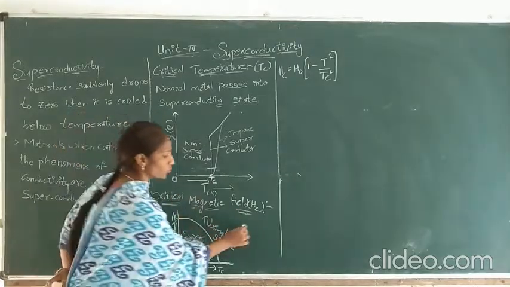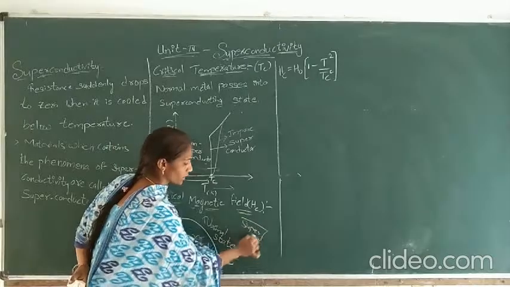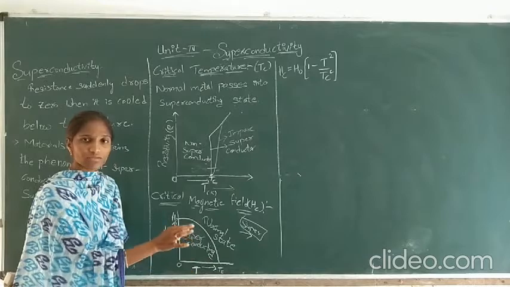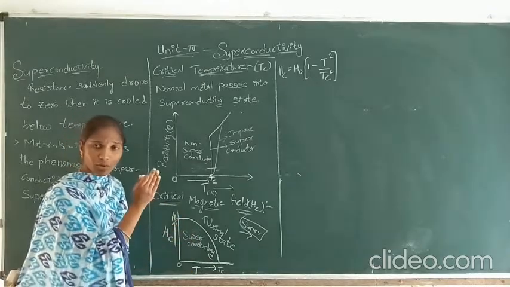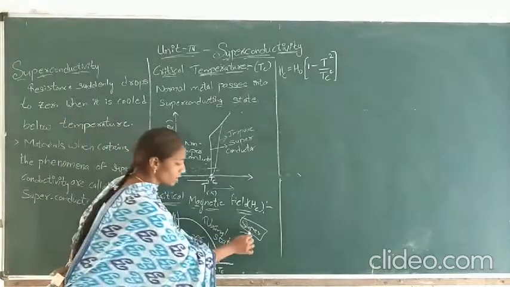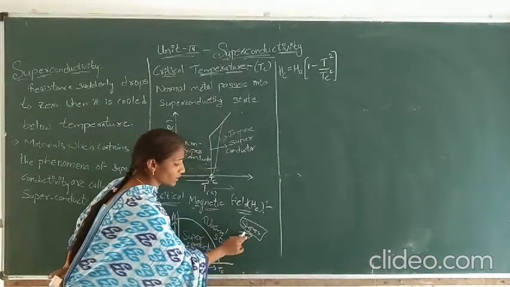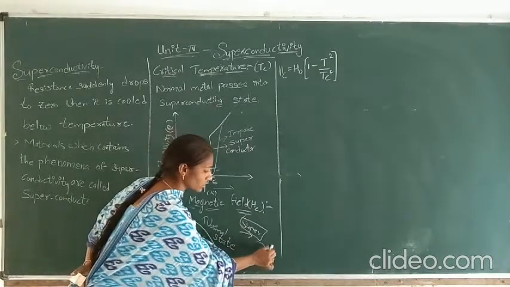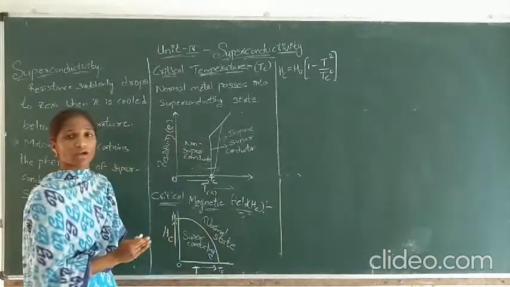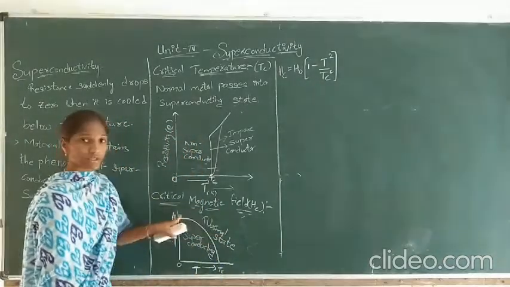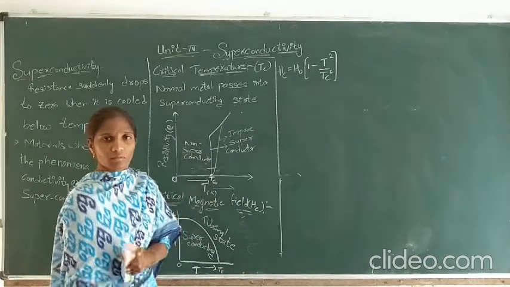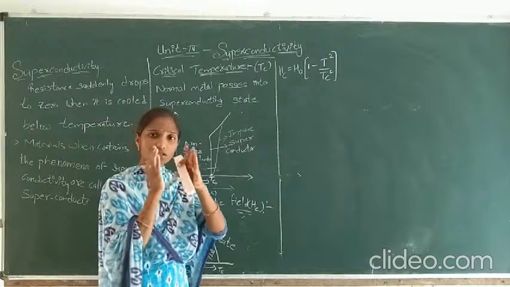Suppose we take a superconductor. As we apply a magnetic field, at a particular value of the field the superconducting material changes into its normal state. That magnetic field is known as the critical magnetic field. So simply remember that the critical magnetic field is the minimum magnetic field which destroys the superconductivity.